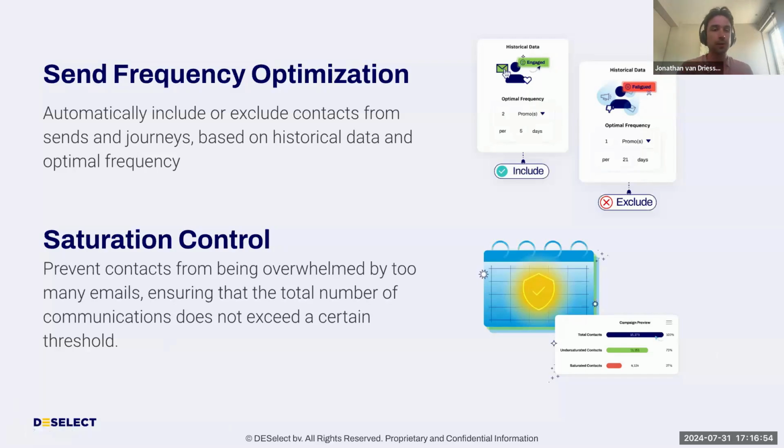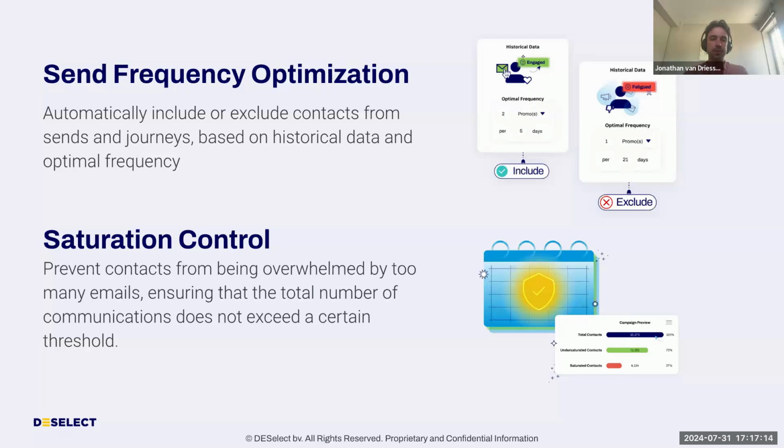So maybe your ideal number of communications to receive from a brand is 5 and maybe mine is 3. So it's really different per contact. And you want, as much as possible, to look at the engagement that the contact is showing with your sends to find that ideal number of communications per contact.